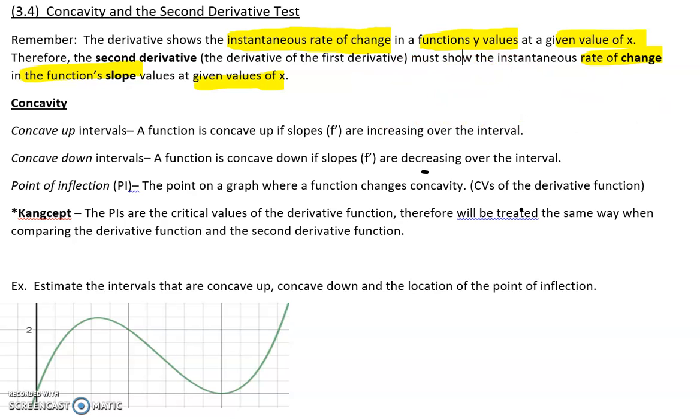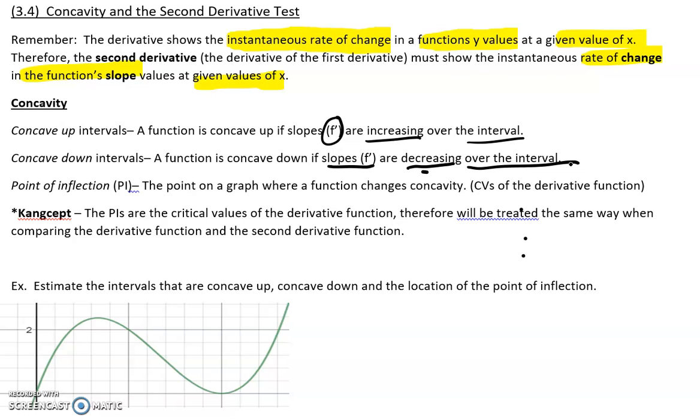An interval is concave up if and only if the slopes or the derivative are increasing over the interval. An interval will be concave down if the slopes, or f prime, are decreasing over the interval.